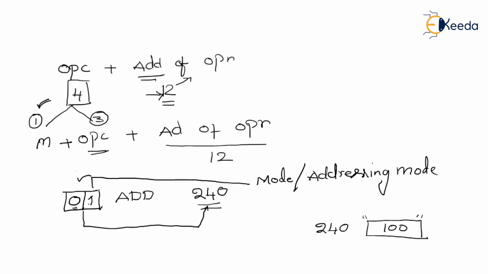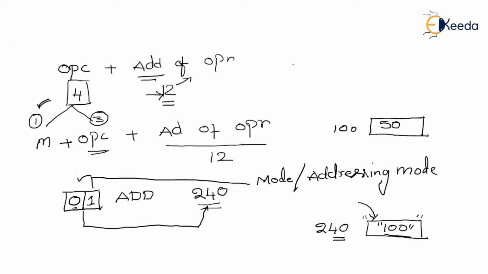But when the mode digit is 1, that means this address holds another address. Inside this specific address, we do not have the operand. Rather, under that address, we have one more address. In that address of the main memory, we get the operand. Let us say this might be 50. This is the difference between direct addressing mode and indirect addressing mode.